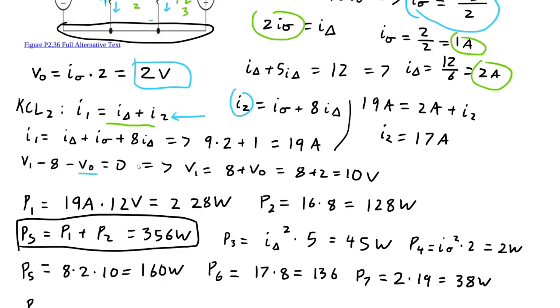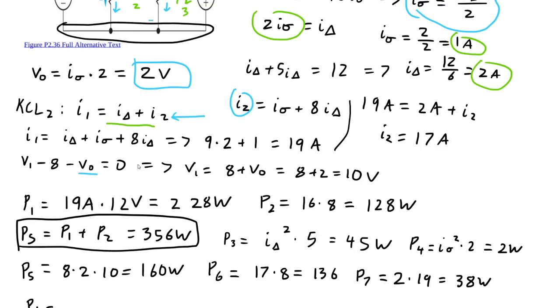So we're going to add up all these, say this is power dissipated. I'm going to add up all the powers we just calculated and see if it matches up with the power supplied, which it should if I did the math correctly.